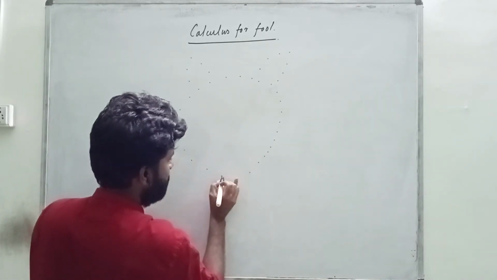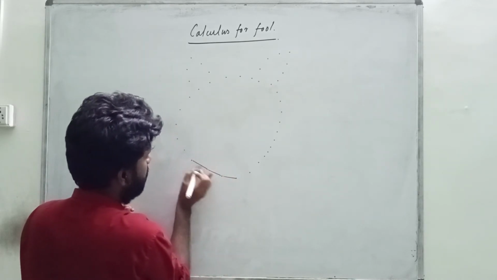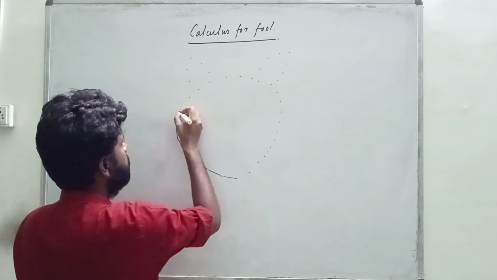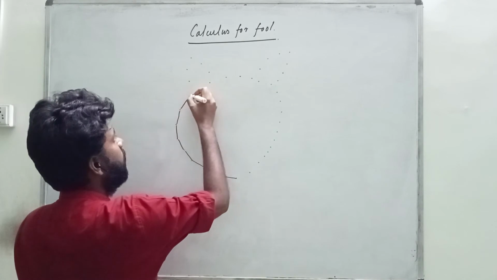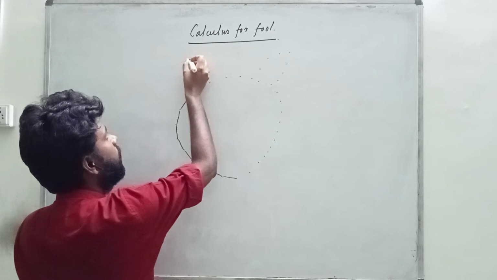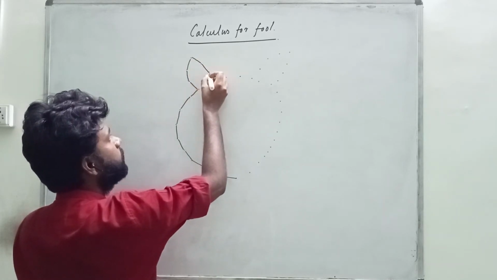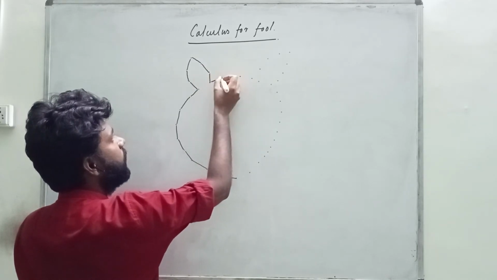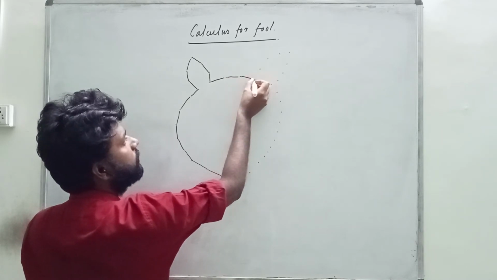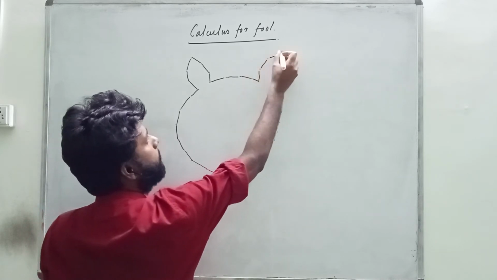I'll just connect here. This is a straight line, another straight line, another straight line, and so on. So I will draw some straight lines here between two consecutive points.